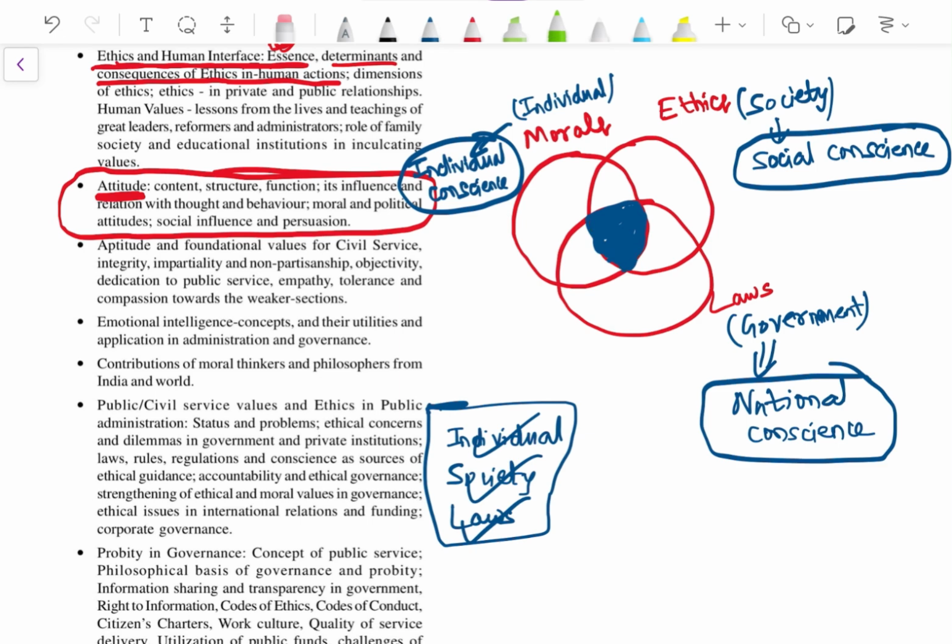Okay, and this is the area where morals and ethics are common, and this is the area where morals and laws are common, and laws and ethics are common.